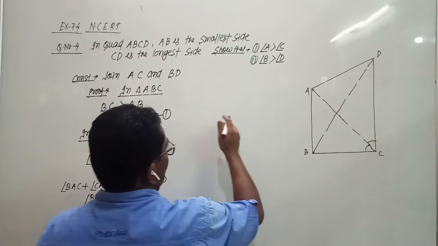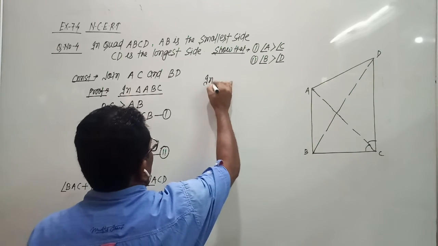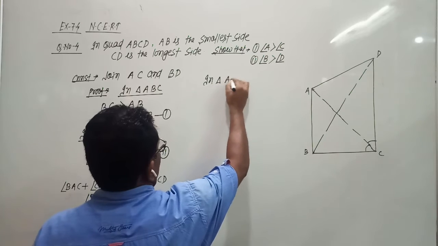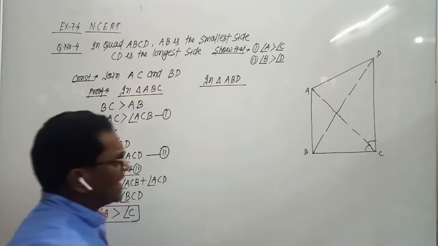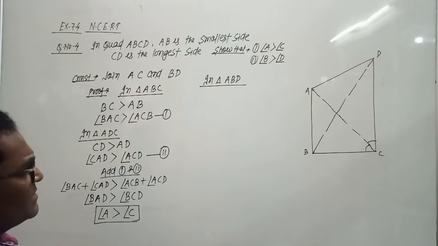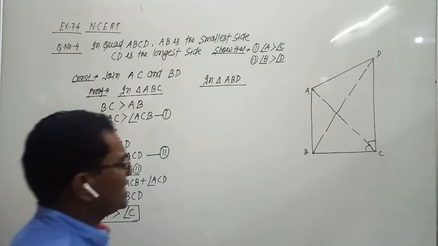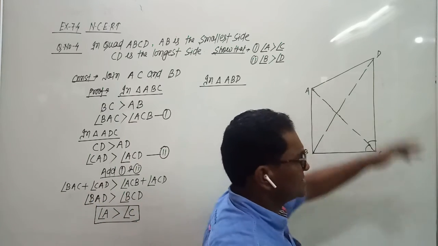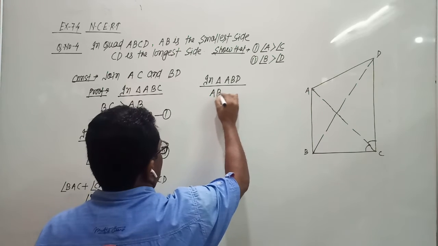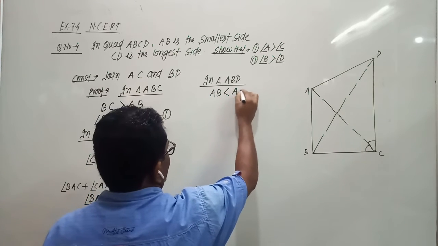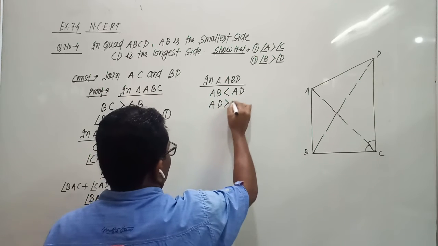Now for second part, in triangle ABD, AB is less than AD because AB is the smallest side.